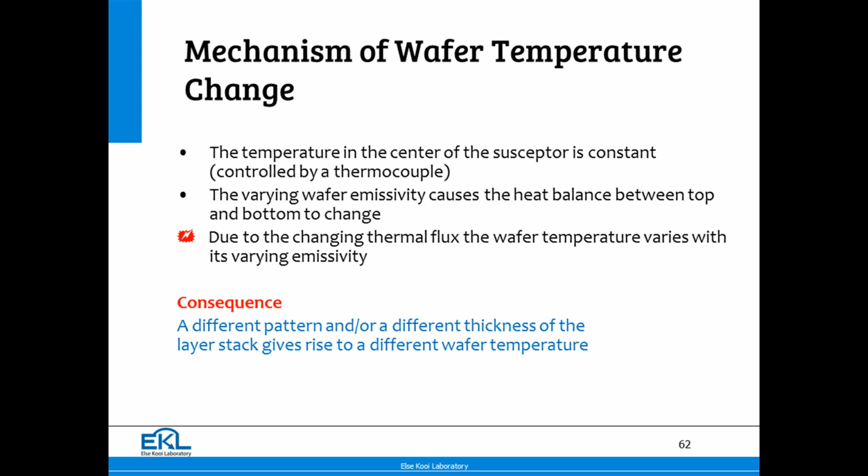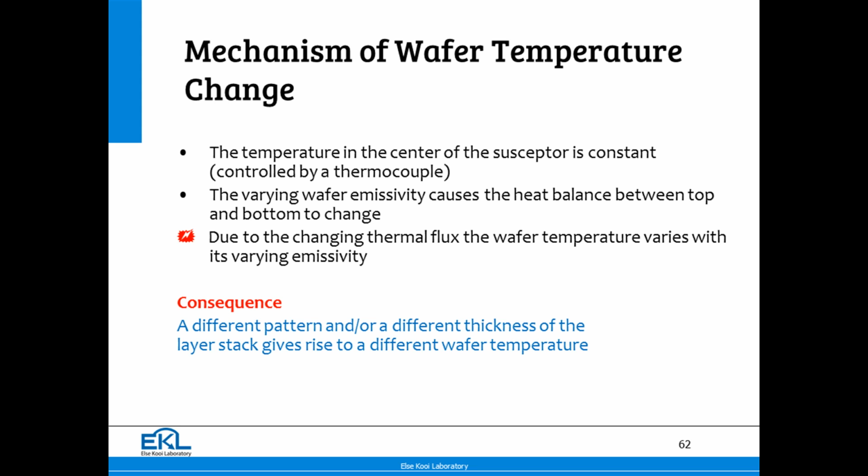And the thermal resistance that exists between the center of the susceptor and the wafer causes the change in temperature. Like voltage drop over a resistor, this is temperature drop over a thermal resistor. So due to the thermal flux, the wafer temperature varies with its varying emissivity.